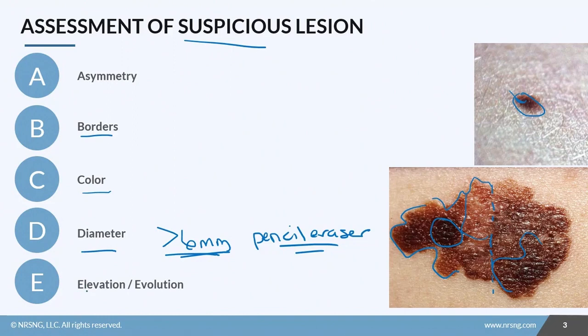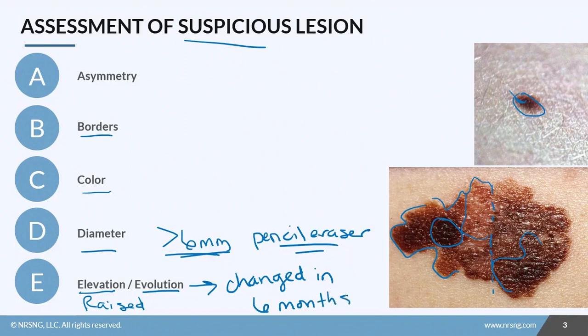And then E stands for either elevation, which means it might be raised, but it's not always, or evolution. Evolution means has it changed in the last 6 months? If you have an irregular looking mole that has changed in the last 6 months, it's gotten bigger, it has gotten more irregular, it's changed colors, that is considered an evolution of that mole, and it does make it suspicious.